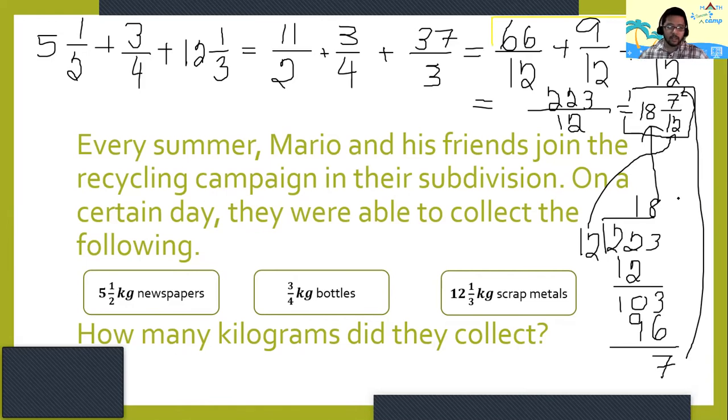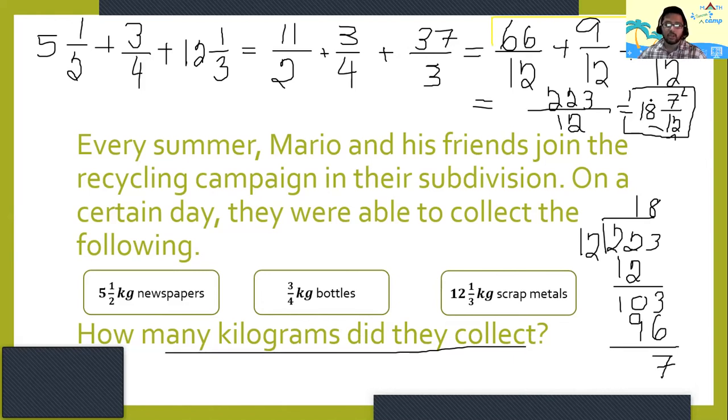I hope nakasunod kayo sa discussion. Kaya yung total of the kilograms that they collected, ito yung original question. How many kilograms did they collect? So 18 7/12 kilograms in total.